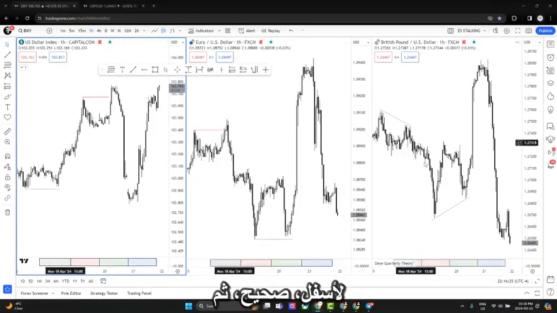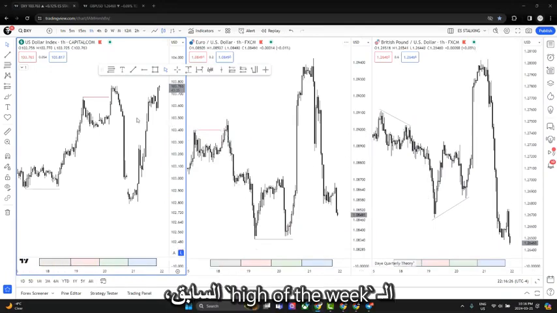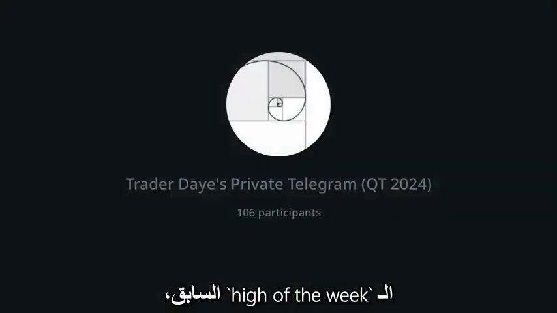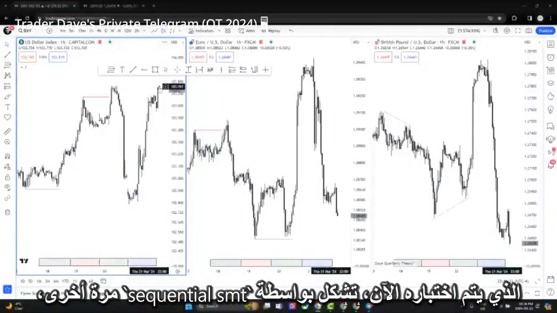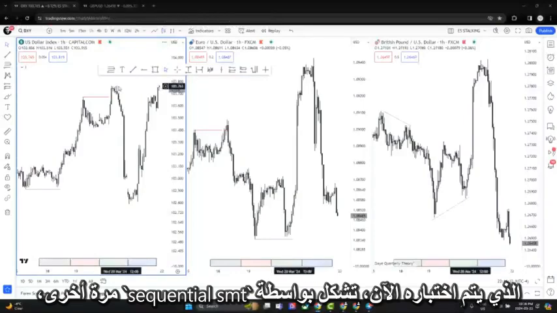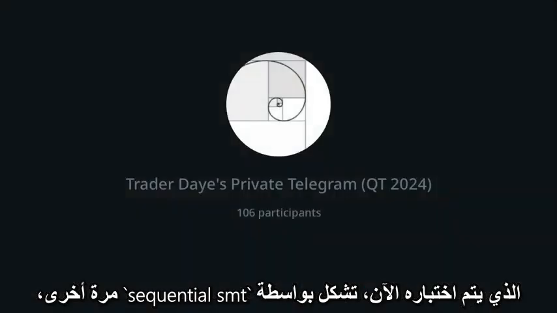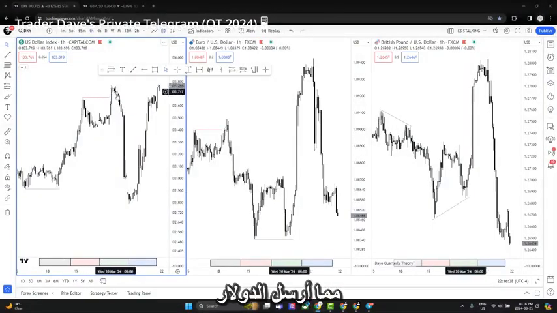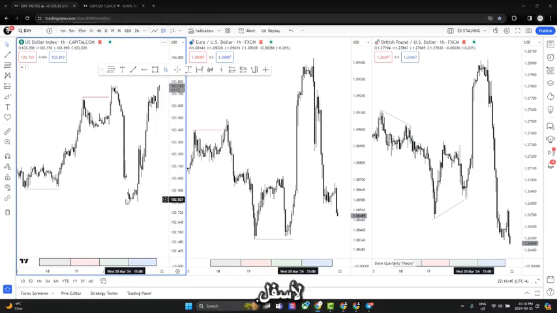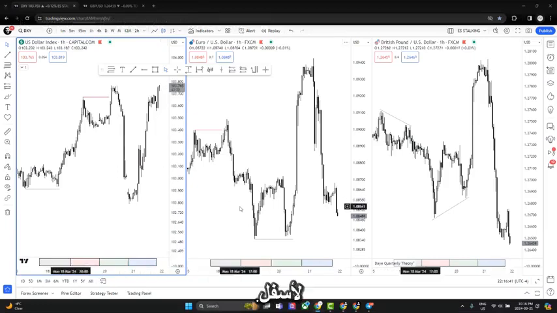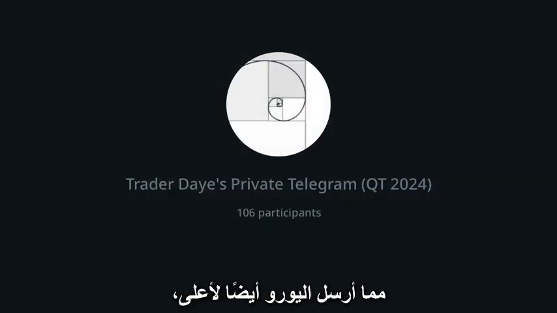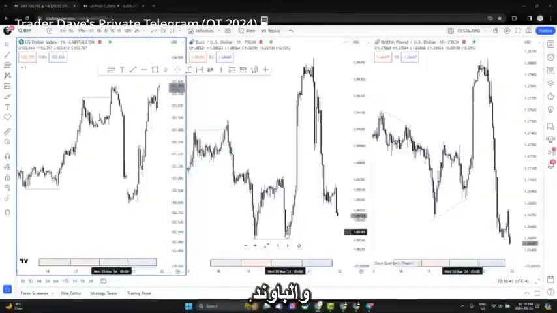Then the previous high of the week, which is getting tested right now, was formed by sequential SMT again, which sent the dollar lower, and which also sent the euro higher and the pound higher.